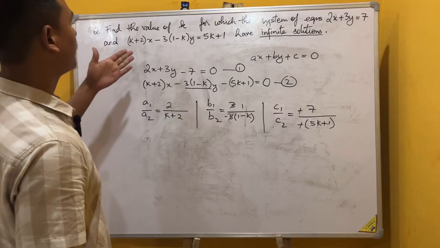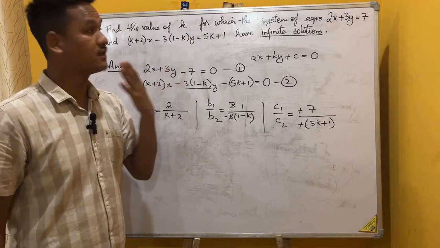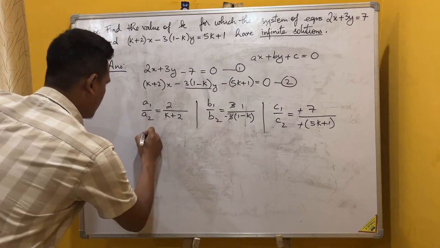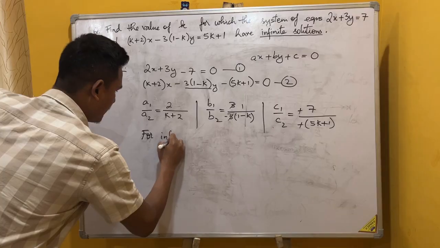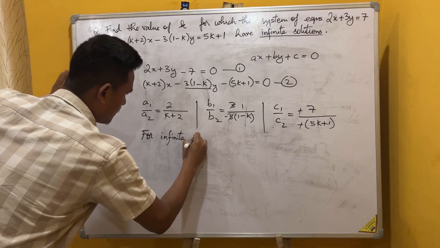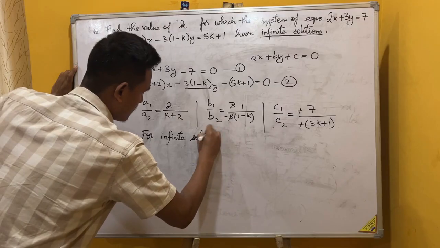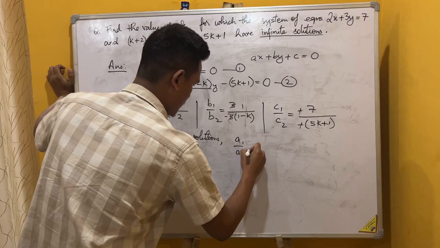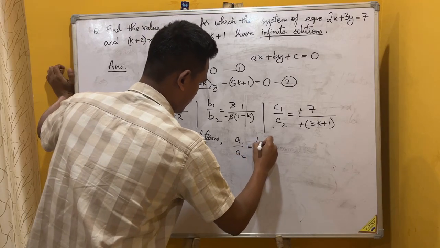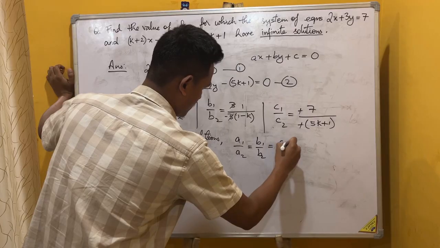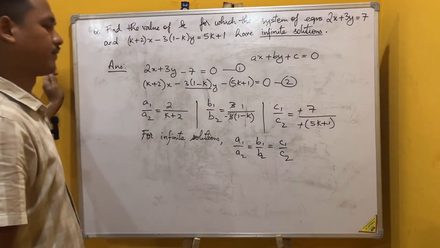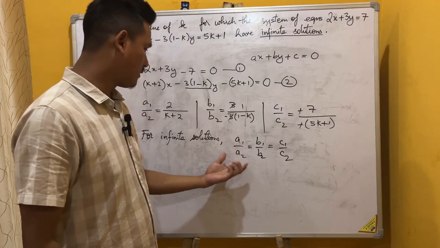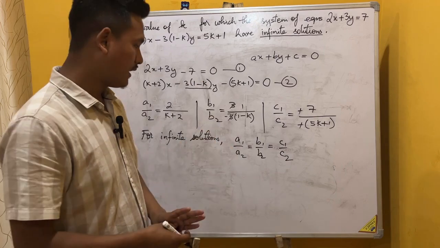They have said to find the value of k for which the system of equations, this and this, have infinite solutions. So for infinite solution, this is the proportion that you must show in order to prove that the two lines are infinite.